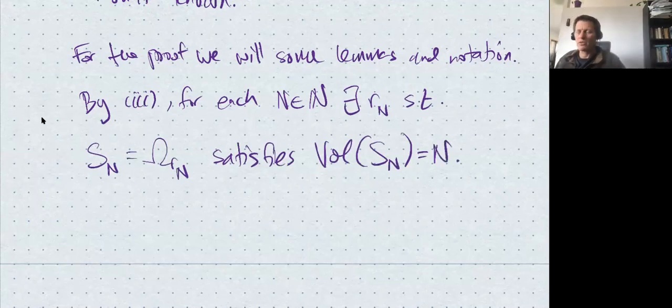So I'm just changing notation a little bit so that I have a control of the growth of the volume. It's just growing the same as the parameter. And I'm taking integer value parameters.